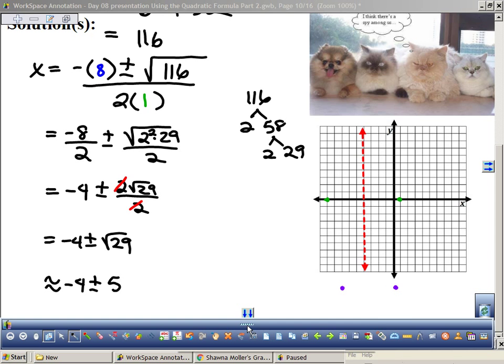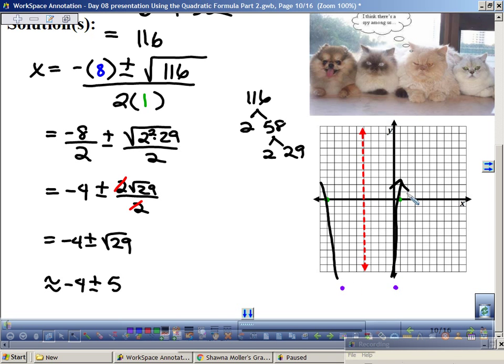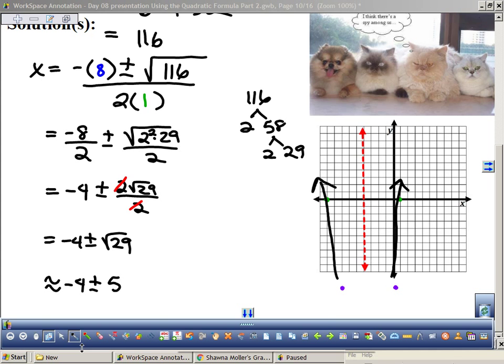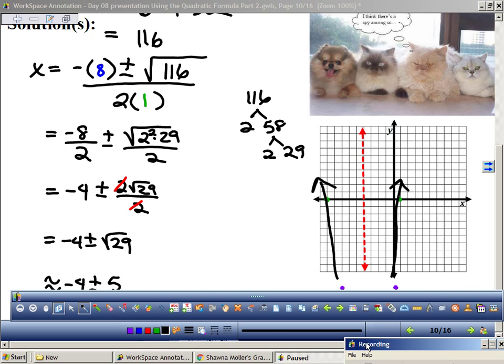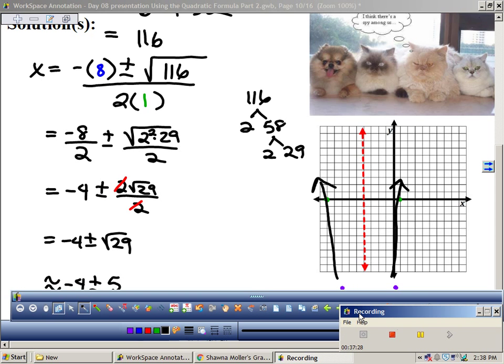If it's off the graph, that means my vertex is way down here, right? So I would do this, and I would stop, and then I would come back up. Make sense? Okay, copy that one down. You guys did great today. On your homework?